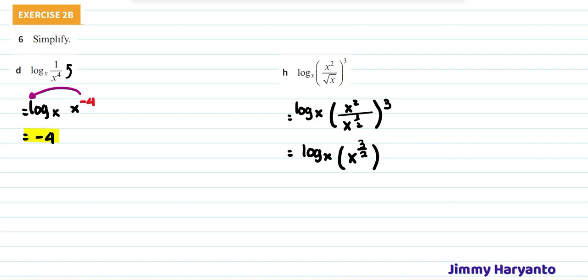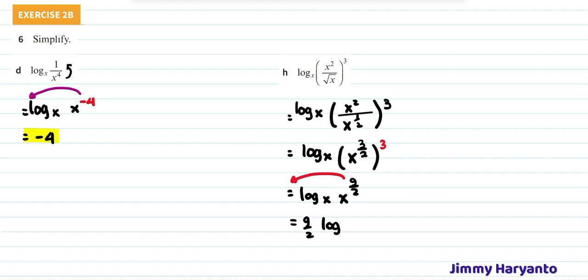Then you have 3 outside the brackets, and you can input the power into the brackets. You'll have 9 over 2, and we have the power of 9 over 2, move it to the front, and then log x of x becomes 1, and 9 over 2 times 1 equals 9 over 2.